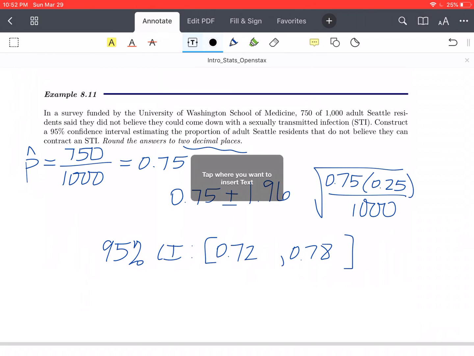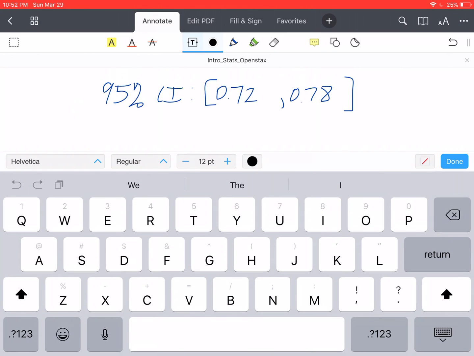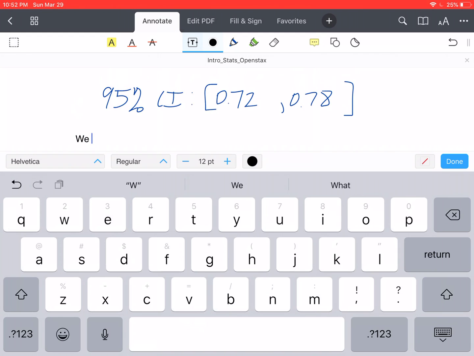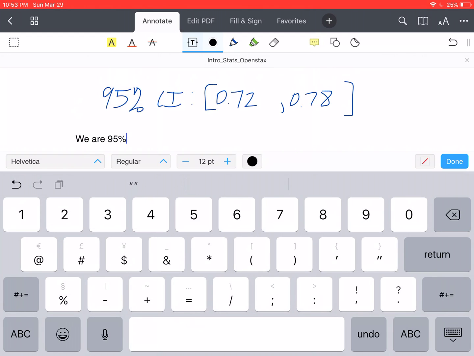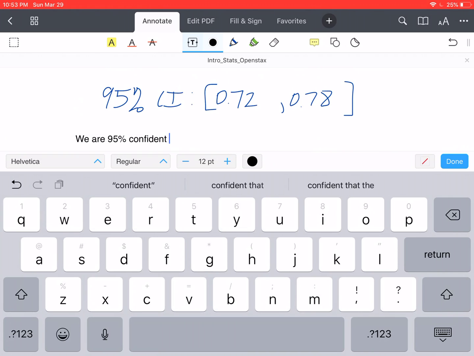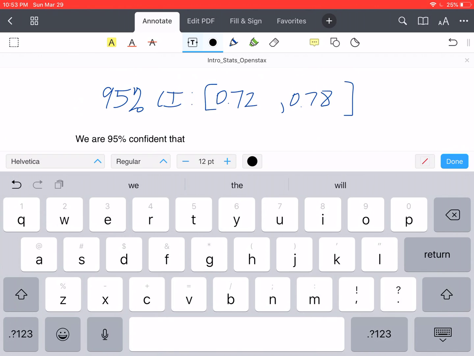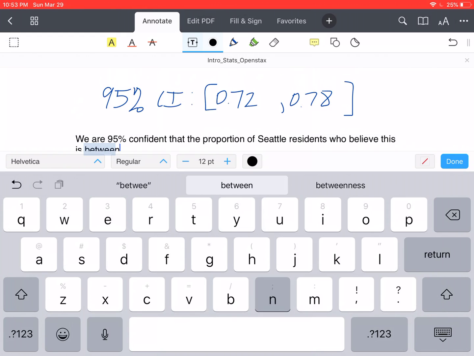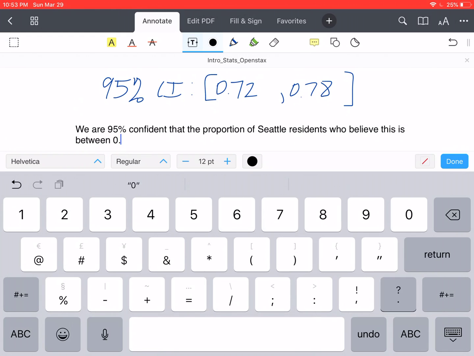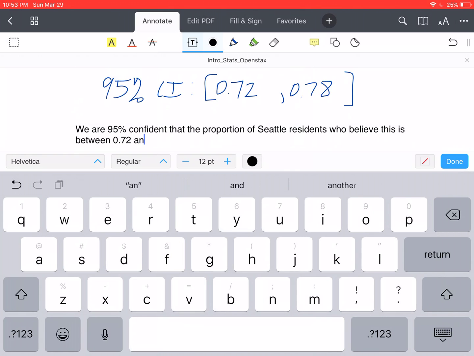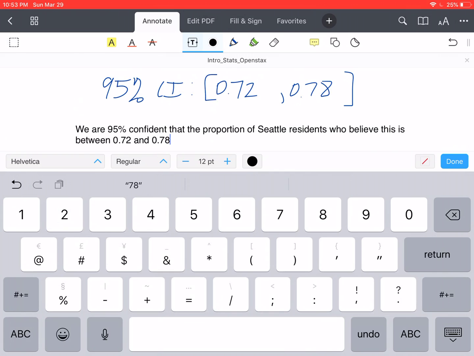So then the interpretation that we're left with says we are 95% confident that the proportion of Seattle residents who believe this is between 0.72 and 0.78.